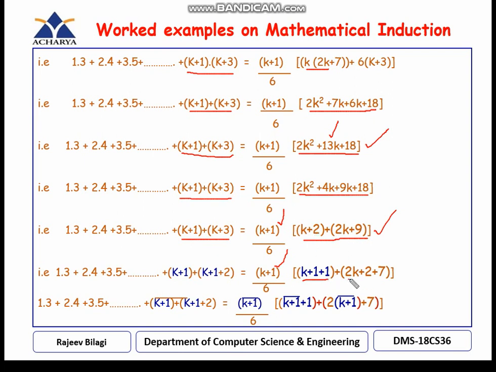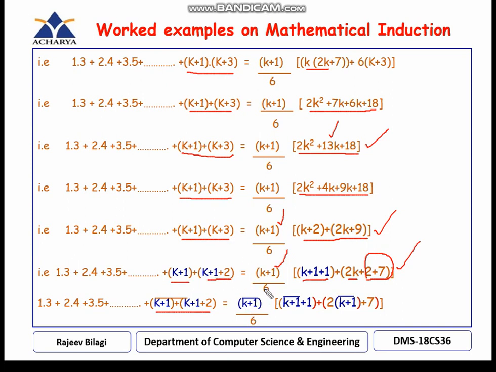Now this 2k I will keep as it is. This 9 I will write as 2 plus 7. Now if you look at k plus 1, k plus 1 plus 2.